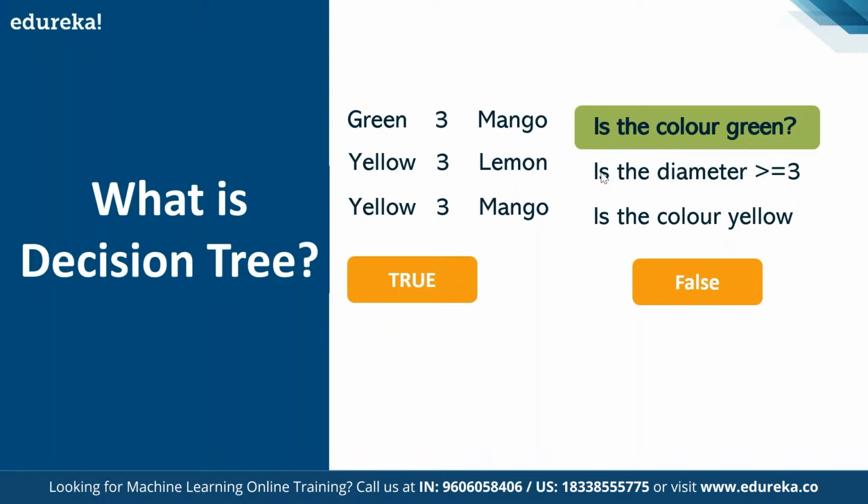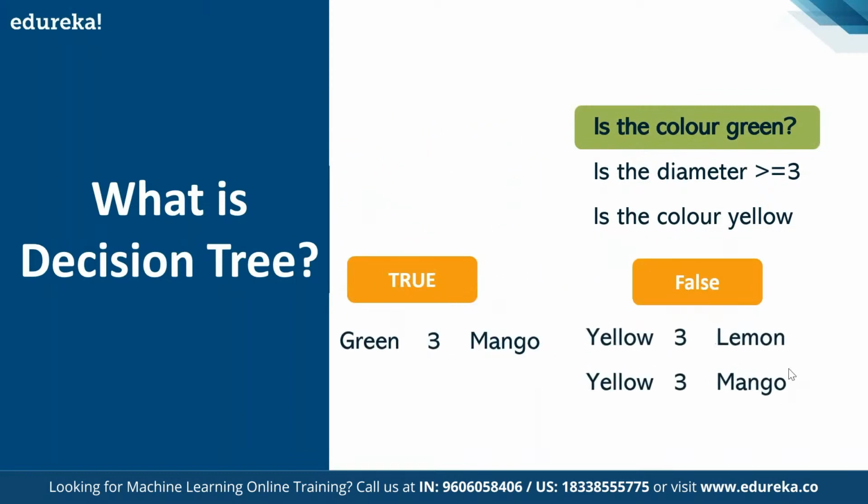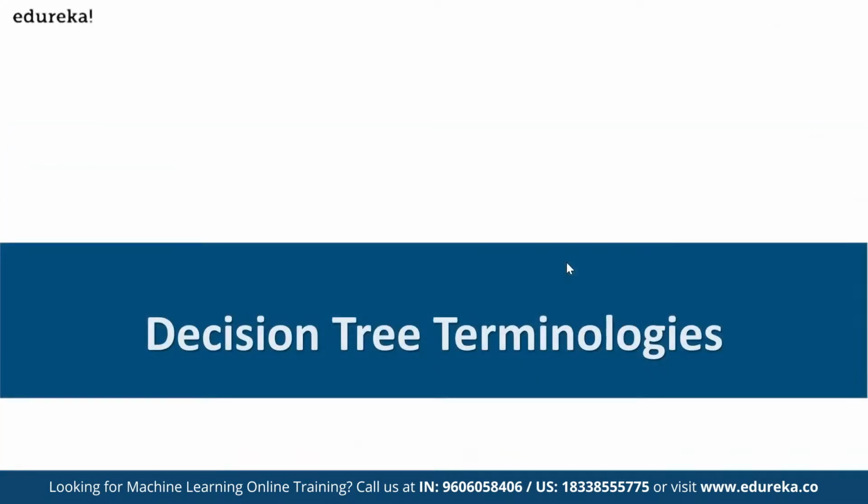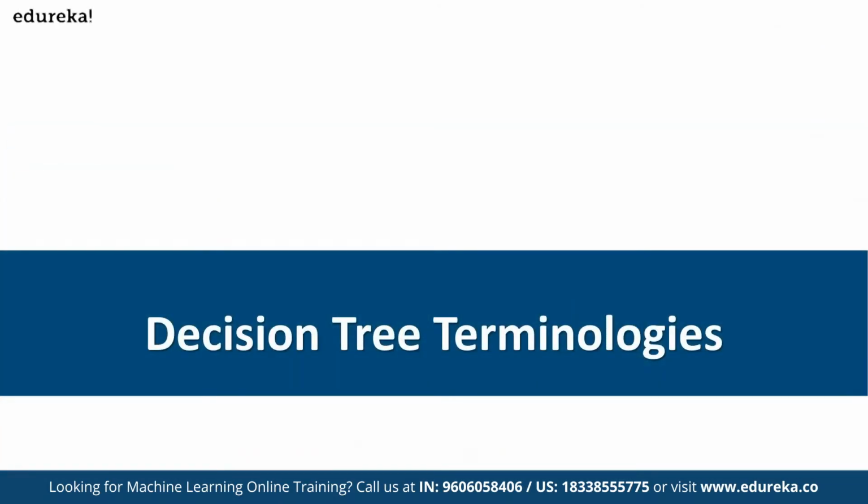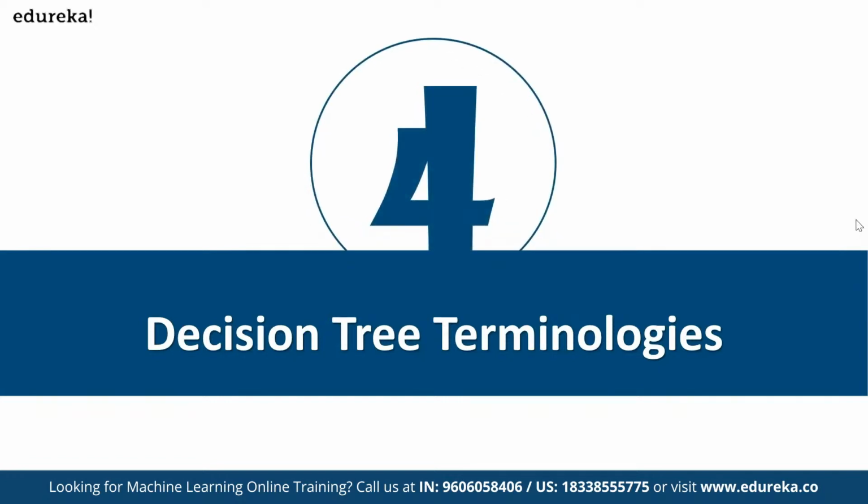On the basis of whether the color is green or not, if the color is green, you will get this row here. If it is not, you will get these two rows here. Next, it may decide on another basis, like whether the diameter is greater than or equal to 3 or not, and many other things.